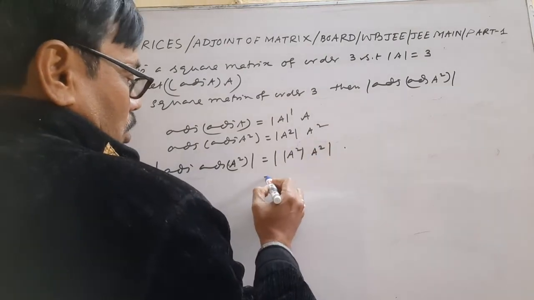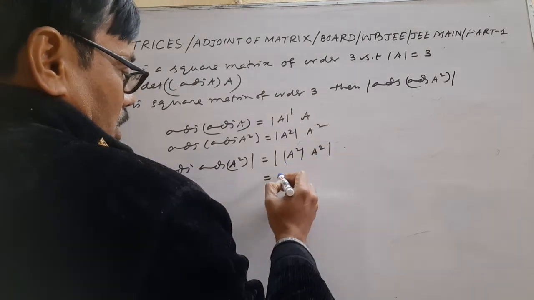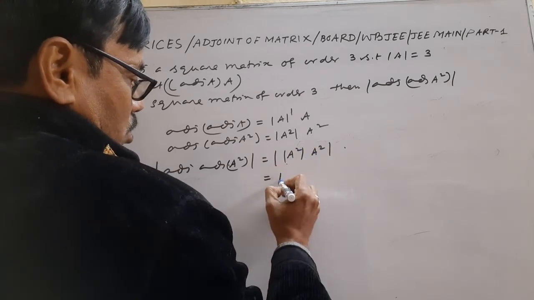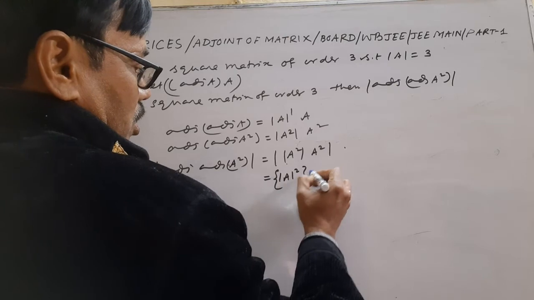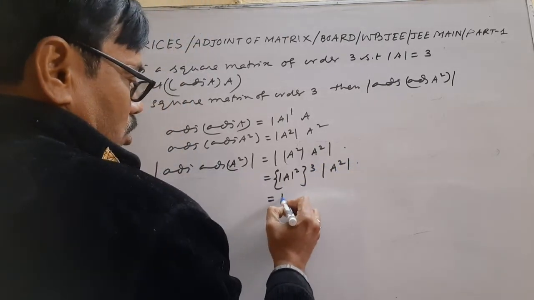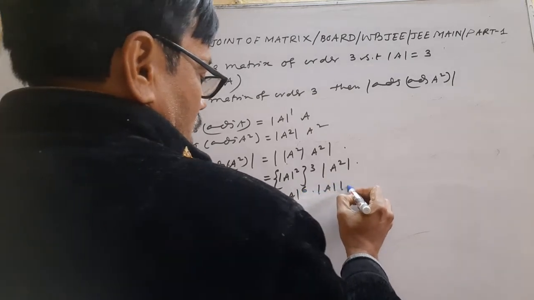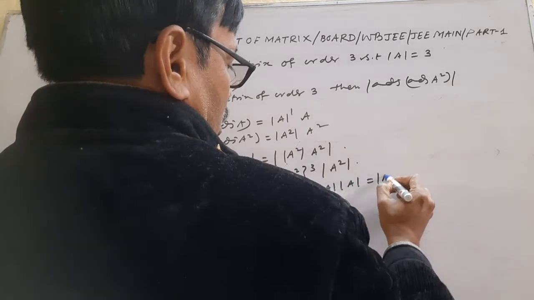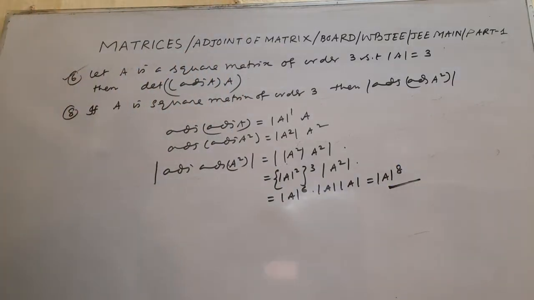So A is of the order 3. So order 3. So this is scalar. Mod A square is scalar. So mod A square power is 3 into determinant A square. So this is mod A to the power 6 determinant A into determinant A. So determinant A to the power 8.